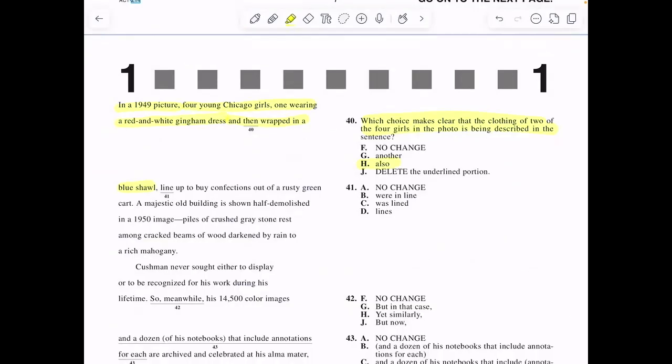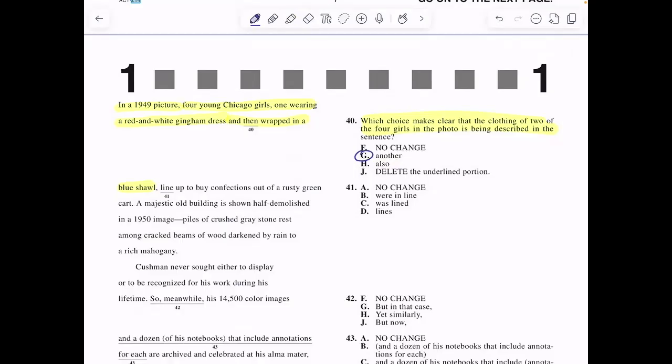I'd go H. Also, no, it's G. Sorry, it's G. Because you're trying to describe 2 girls. One is wearing a red and white gingham dress, like checkerboard, and another wrapped in a blue shawl, because you're describing 2 of the outfits. So pay attention to those. That's an easy miss because we're just moving too quick.